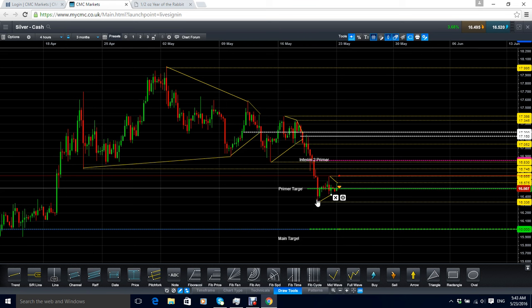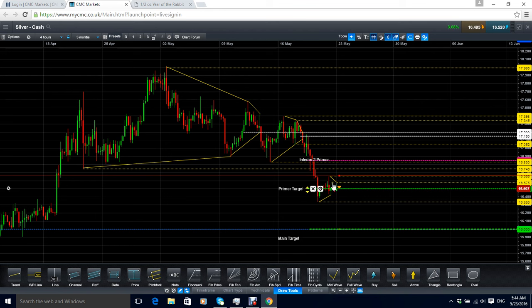Now 16.5, if you follow the channel, round numbers are very significant in trading. So I came out of the trade here at 16.5 because of the round number, and then it started funneling again, so it's kind of giving me a secondary idea for my next trade, which is down to 16.